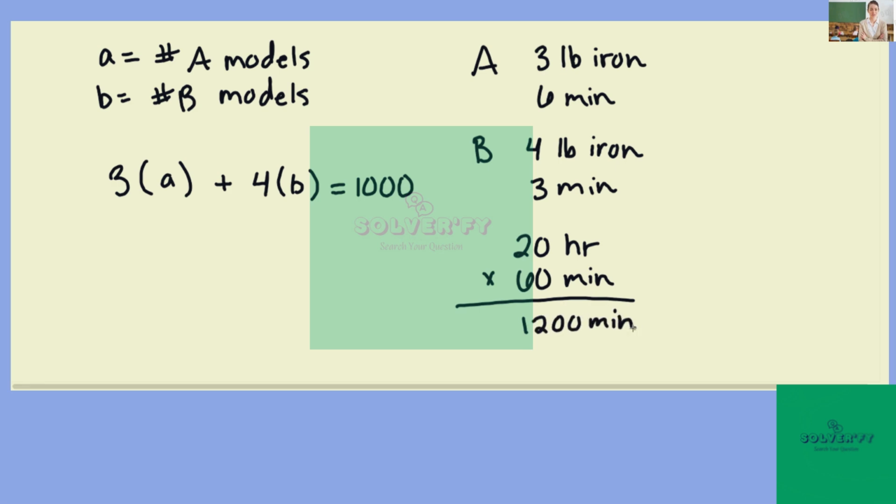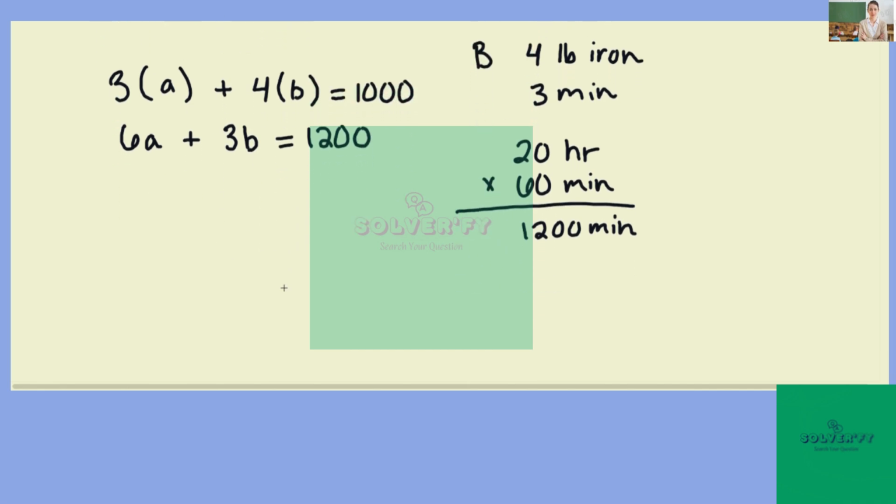We have 1,200 minutes available of labor. So if each A model takes 6 minutes, we'll take 6 times A, the number of A models, plus 3 minutes for each B model times B, the number of B models, and that should equal the maximum amount of labor that we have, which is 1,200 minutes.